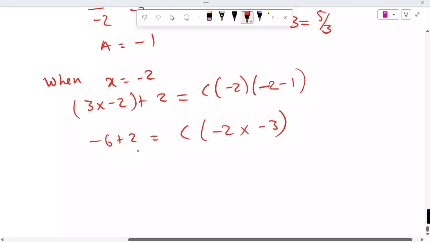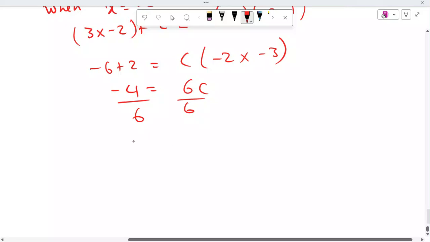So negative 6 plus 2, which is negative 4, equal to positive 6 over 6C. So divide by 6, divide by 6. So C equals negative 2 over 3.